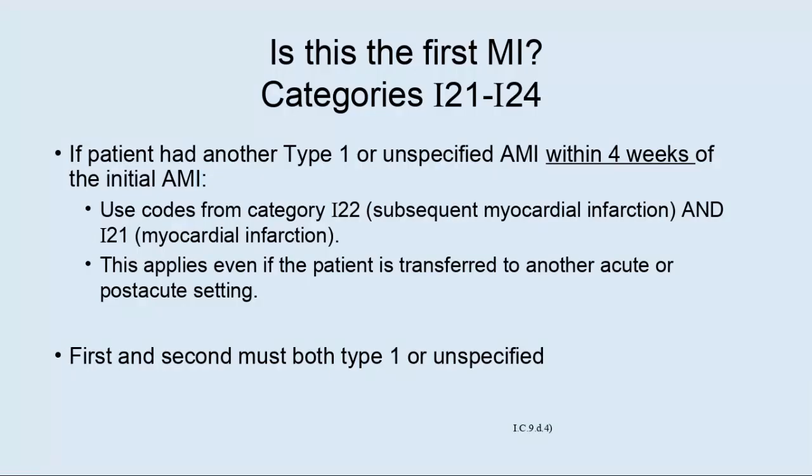The next question is, is this the first myocardial infarction this patient has had, or was there a previous one? For type 1 or unspecified MI, the coding depends on the timing. Timing is everything. If the first myocardial infarction was 4 weeks or 28 days or less, use a code from I22 for the subsequent MI and I21 for the first one. This applies even if the patient was transferred to another setting. It doesn't matter. It just matters what the time period was.